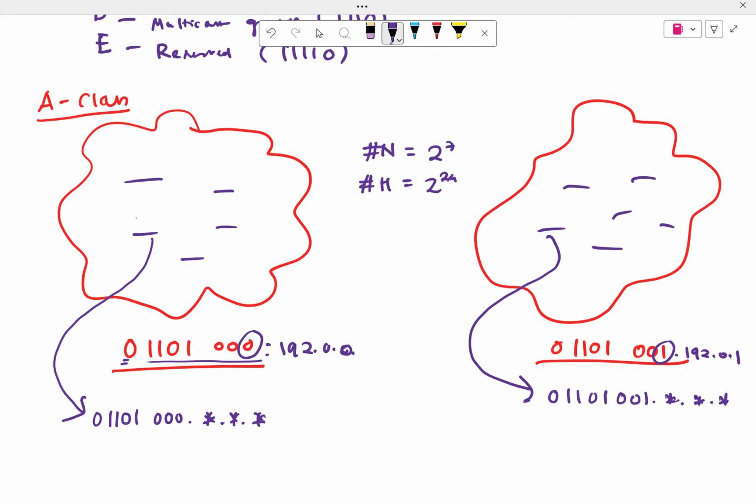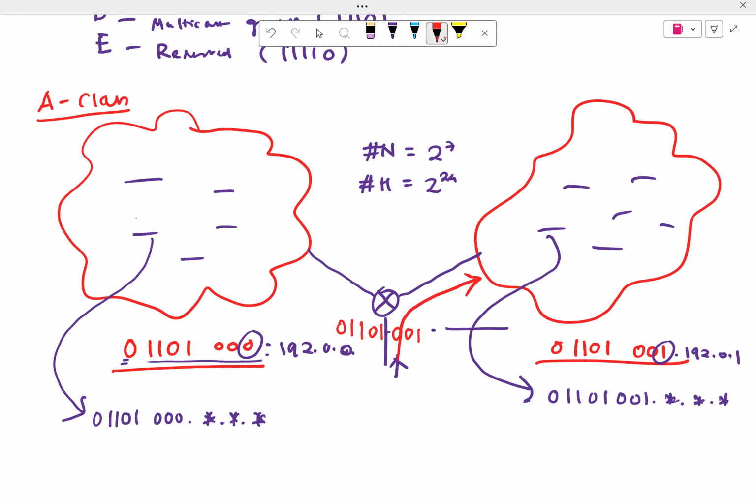If a packet is coming to this router, and these two networks are connected to this router, and the packet's address is 001 and some other fields, dot anything. Let's write down the address entirely for convenience. Either way, the packet will go straight here.